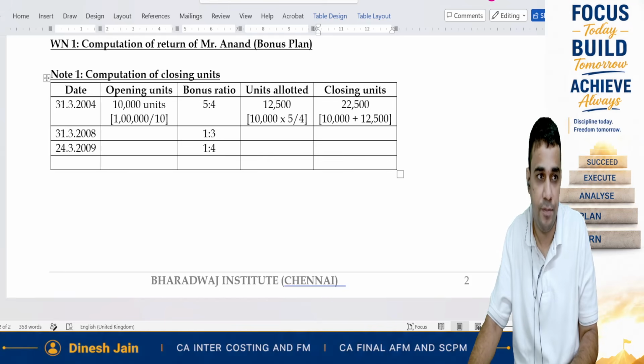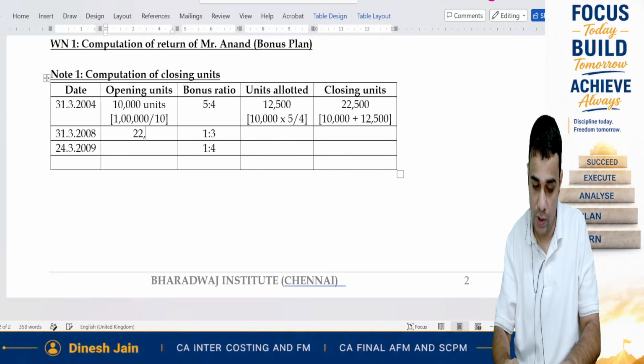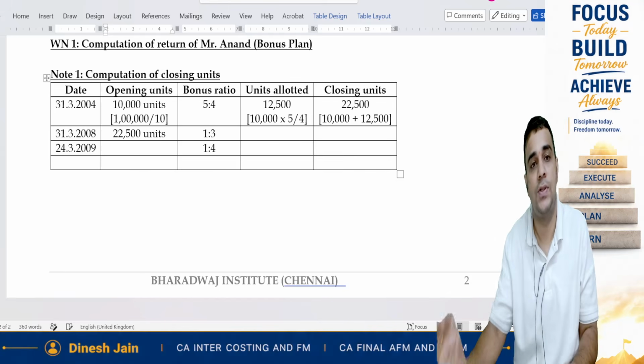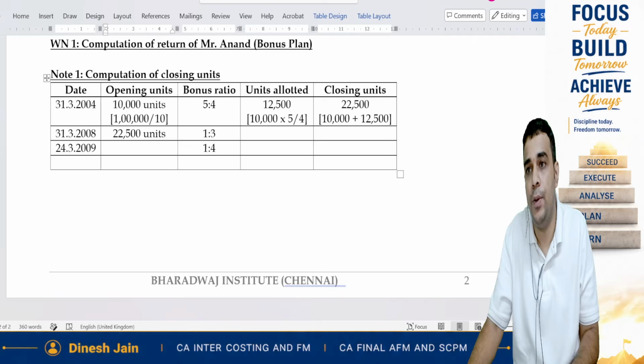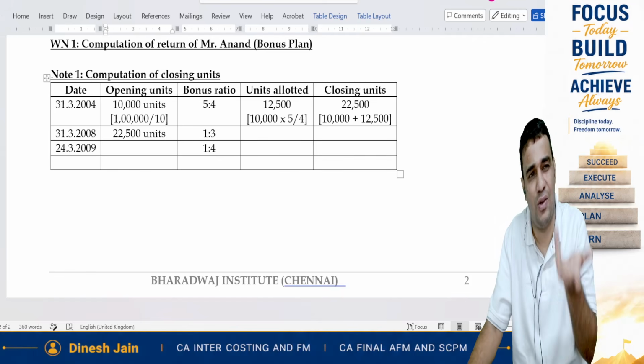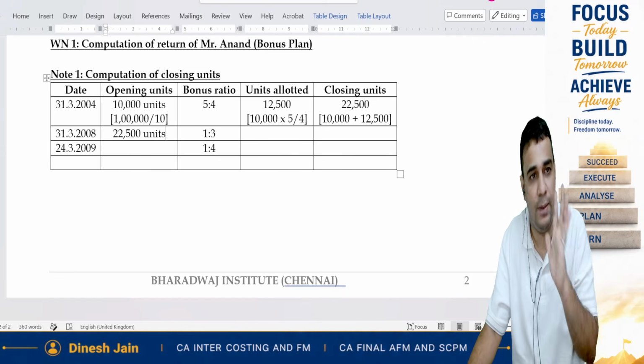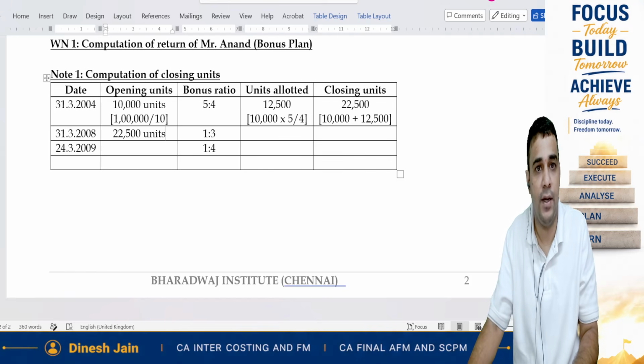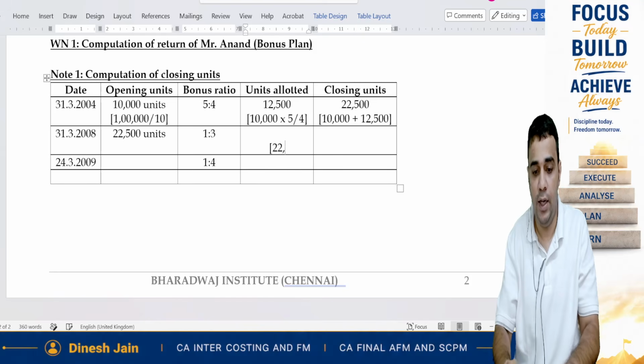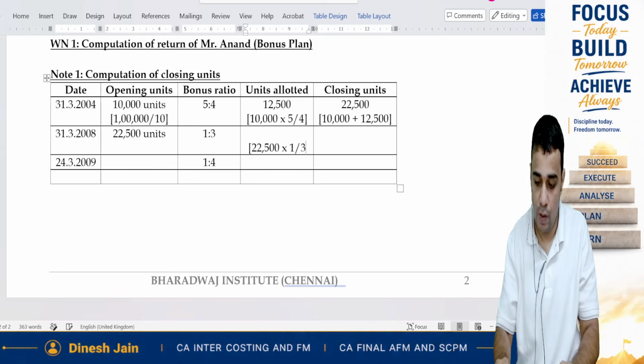Understood the number? Any doubts on this? This becomes the opening units. Now, if you tell me to do 10 bonuses also, I will do; it is just more time. 22,500. What is the ratio now? 22,500 into 1 by 3.